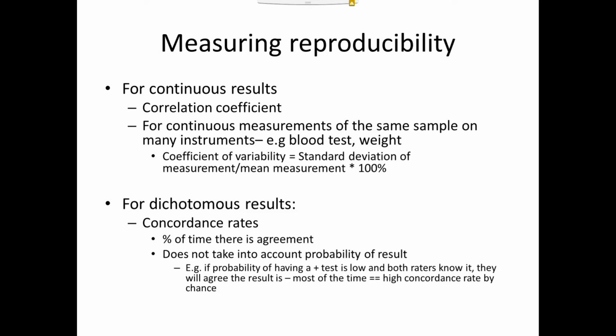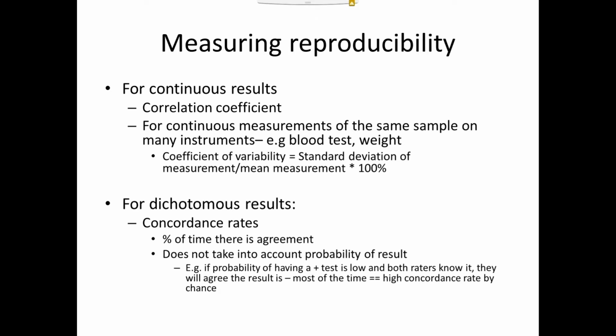If the results are continuous, let's say a measure of serum concentration of a compound or some other biophysical measurement or something else that is continuous, we measure the same sample on multiple instruments and determine a coefficient of variability, which is the standard deviation of the measurement divided by the mean measurement.